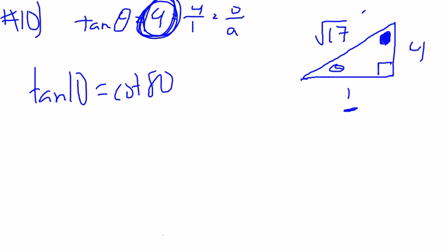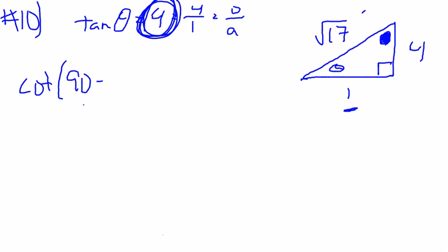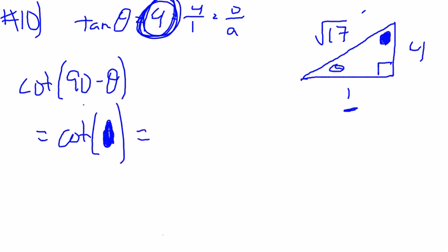Using triangles, if I talk about angle blob, it asks for cotan of 90 minus theta. Well, 90 minus theta is the blob, because if theta was 10, the blob would be 80. So that's equal to cotan of blob, which is adjacent over opposite for the blob. This is the adjacent, this is the opposite, so I get 4 over 1, which is just 4.